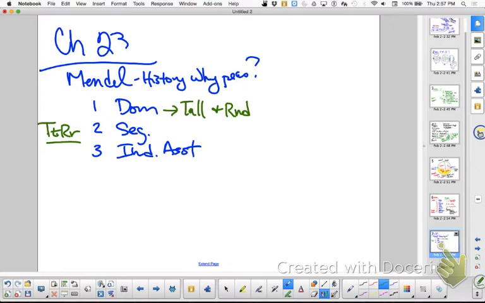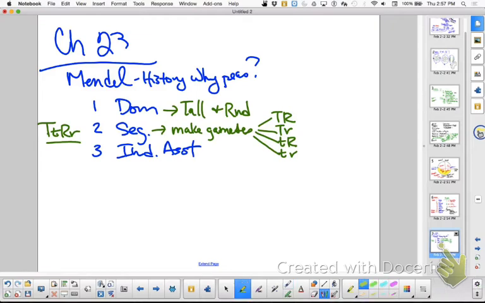Okay? Law of segregation would say when I'm going to make gametes with this individual, I could get big T with big R, or big T with little r, or little t with big R, or little t little r. Sorry, back up. Don't write that.